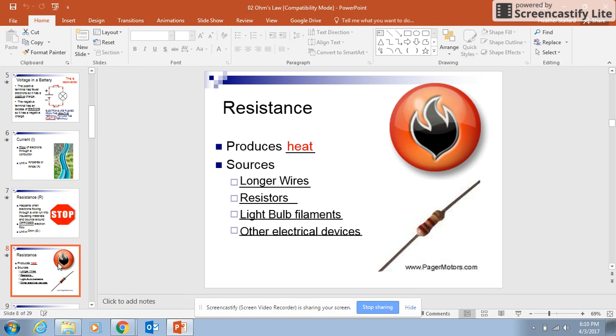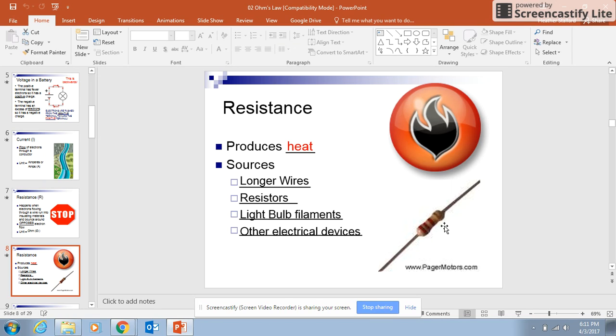There are several different ways you can have resistance in a circuit. These are just some of the sources. You should know that resistance does produce heat, because the electron flow is getting opposed, so that heat is going to build up. Longer wires, where the electrons have a longer pathway to flow, are going to cause resistance; they are going to want to slow down. There are also resistors, and some of you may have opened up an electronic device and seen something like this.